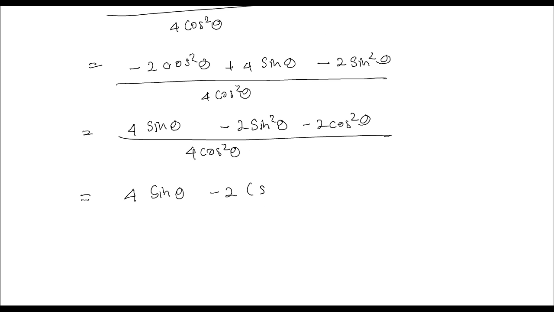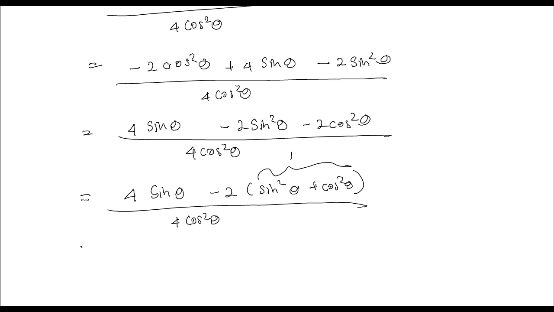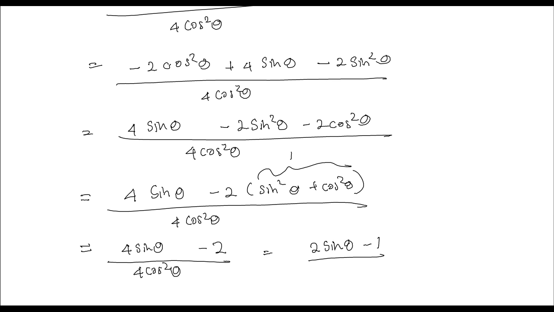That leaves me with sin squared theta plus cos squared theta over 4 cos squared theta. This is 1, which you should know by now. 4 sin theta minus 2 over 4 cos squared theta. Common factor 2 gives me 2 sin theta minus 1 over 2 cos squared theta.